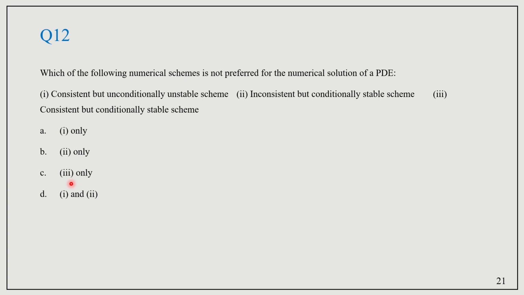Statement 1 is not preferred. Similarly, the second statement is also not preferred. Why? Because for the system to get a converged solution, we need it to be consistent and stable. That stability can be conditional or unconditional, that doesn't matter, but it should satisfy consistency and stability for us to get a converged solution. Statements 1 and 2 do not satisfy that.